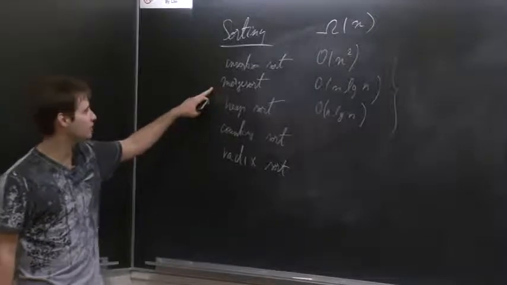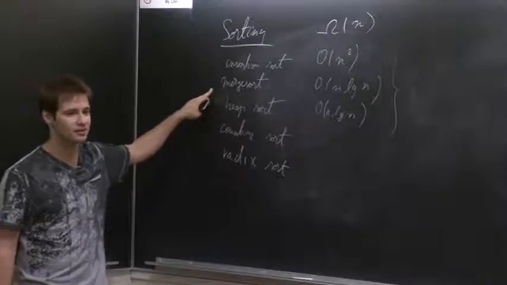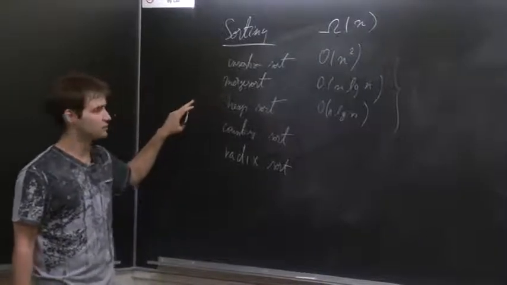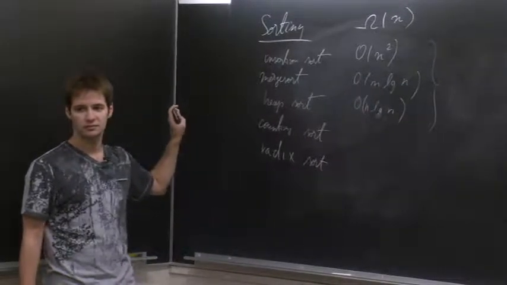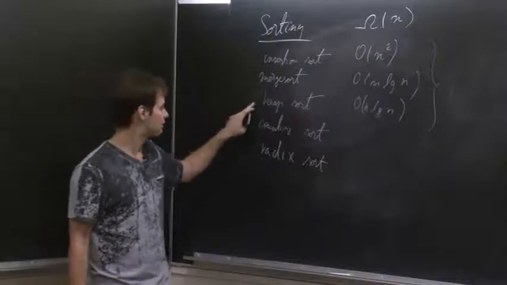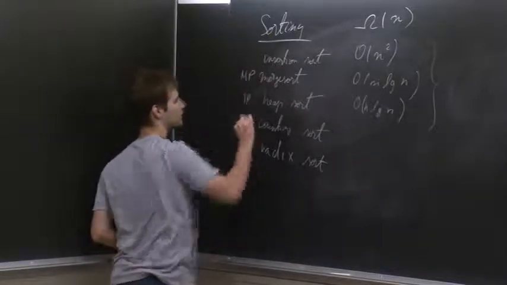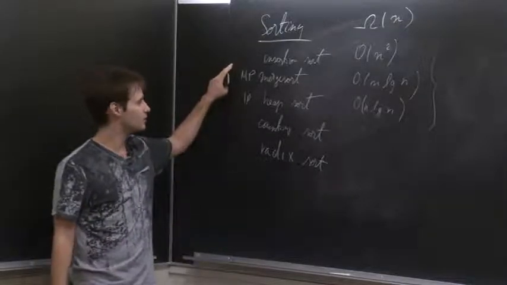We will not cover it in 6.006 because I do not understand it, so I couldn't explain it. So merge sort is not quite in place. Which one is in place? Heap sort. Good. So heap sort is in place, merge sort is not, and insertion sort is really slow, so we don't care that much about it.